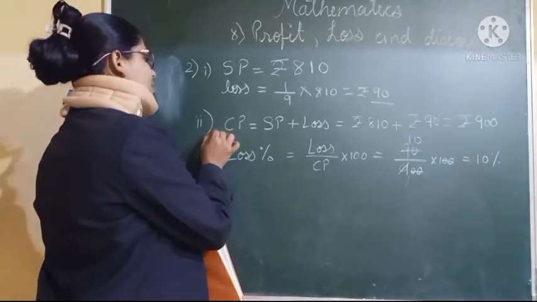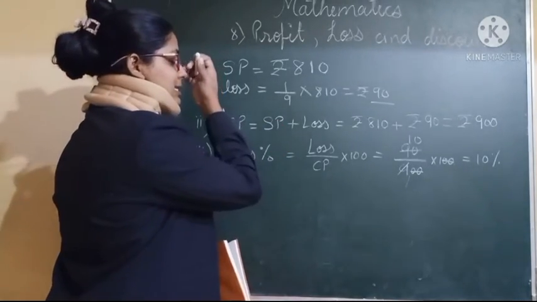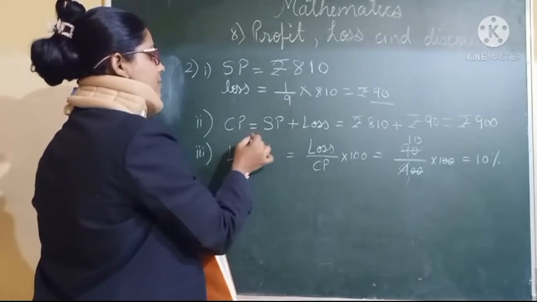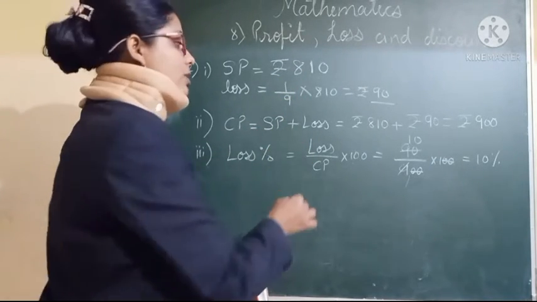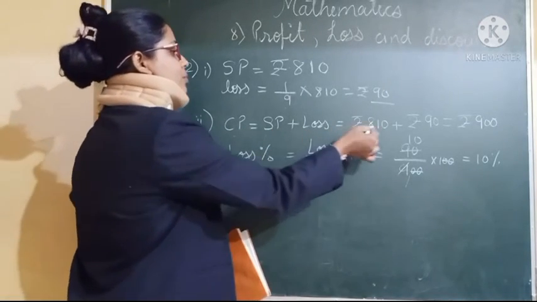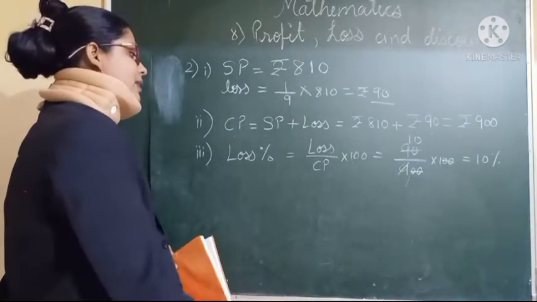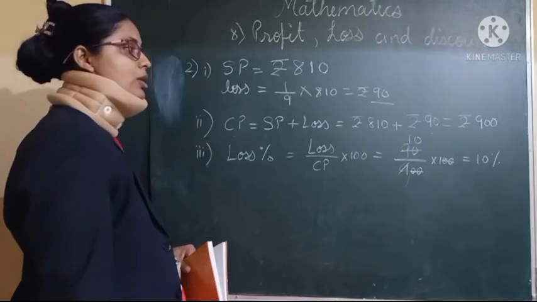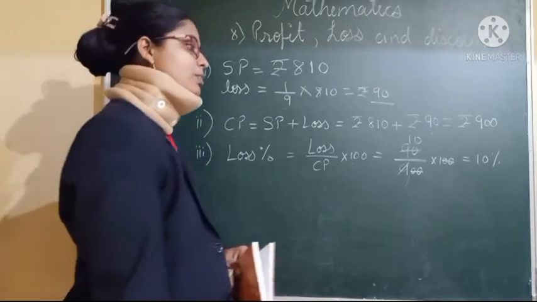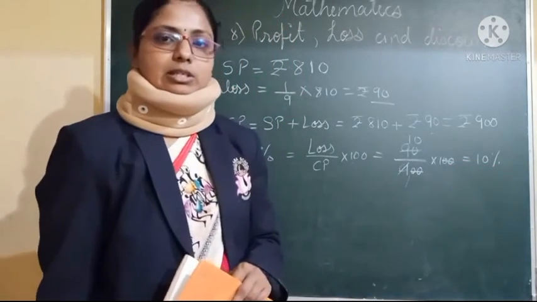Then the second point, cost price equals selling price plus loss. We know the formula for the loss; we manipulate that same formula, put in the values, and we get the answer, rupees 900. Next is loss percent. Loss percent is the loss upon cost price multiplied by 100. Put the values in that formula and you will get the answer as 10%.